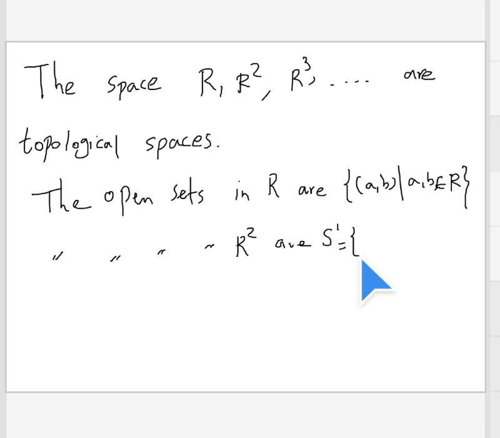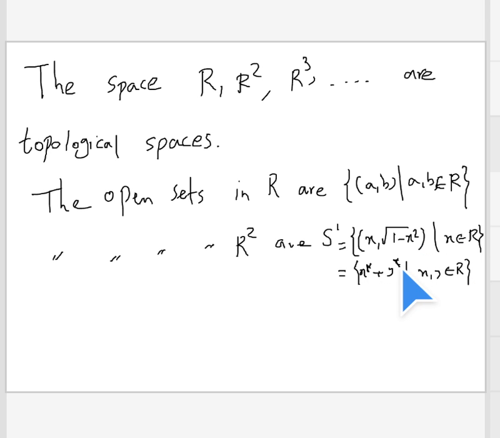Indeed, I write (x, radical of 1 minus x squared), where x belongs to R. Some of you write (x, y) such that x squared plus y squared is 1, where x, y belong to R. This is true and the above is true. The open sets in R3 are S2.